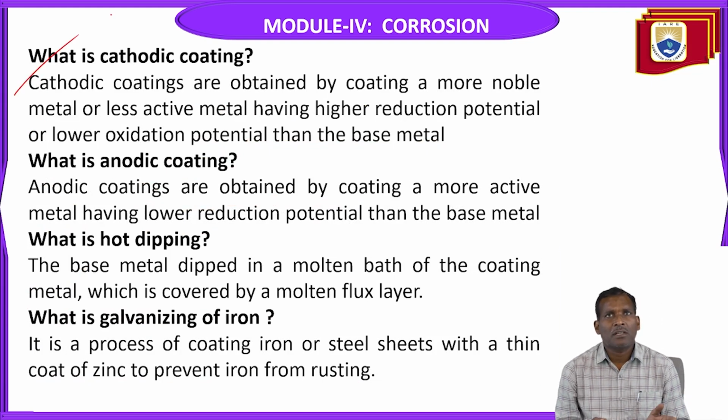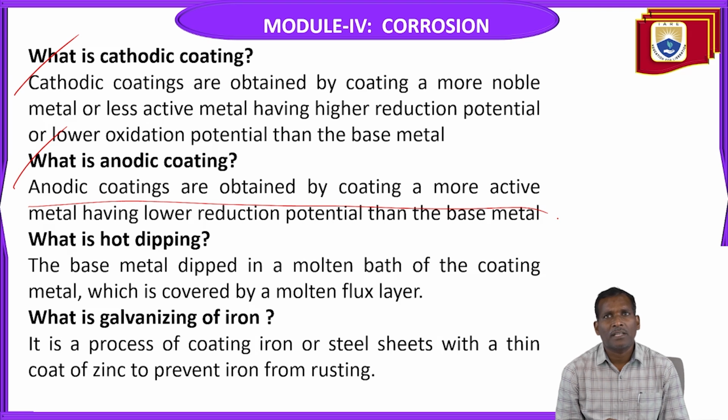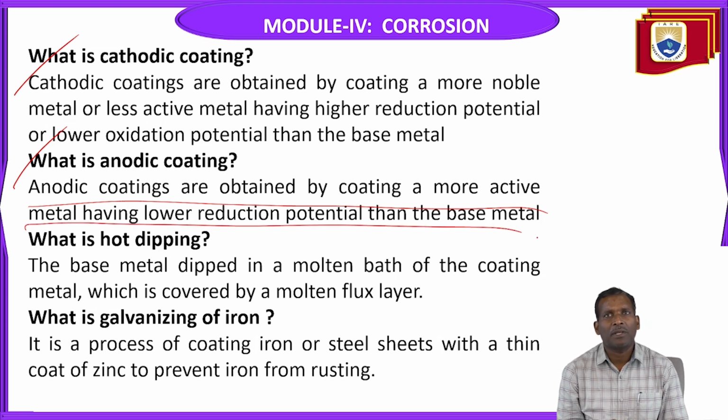Cathodic coatings are obtained by coating a more noble metal or less active metal, having higher reduction potential or lower oxidation potential than the base metal. So what is anodic coating? Anodic coatings are obtained by coating a more active metal having lower reduction potential than the base metal.